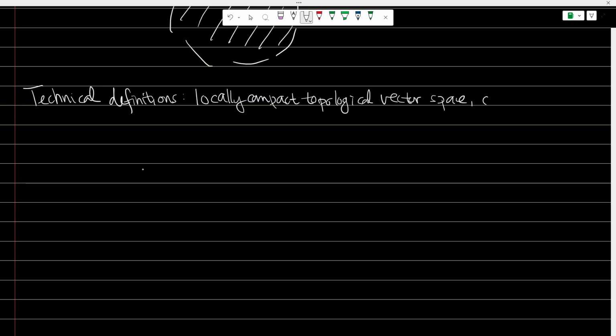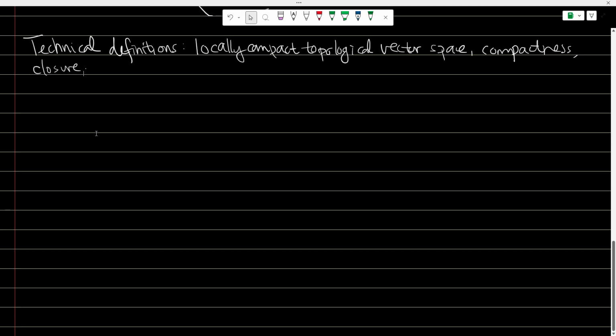And we need to know what compactness is. And we also need to know closure in the sense of topology. And you should probably be able to follow along without knowing these definitions, but it's a lot better if you do know them.